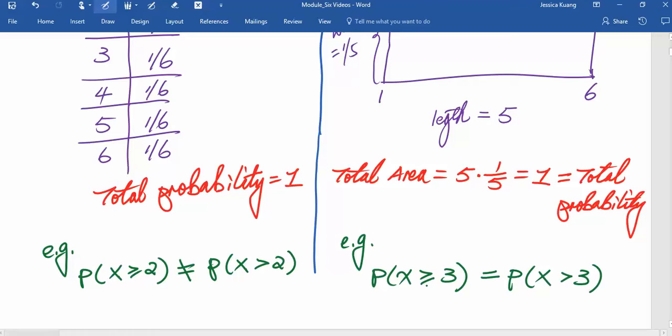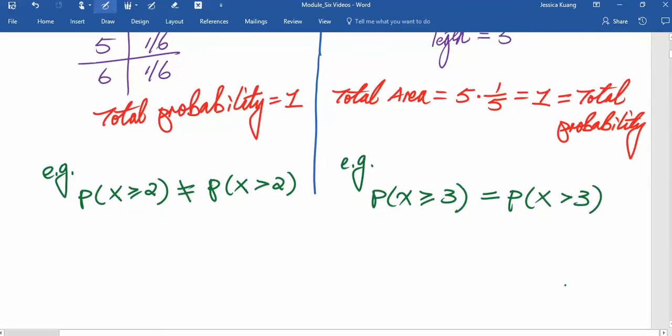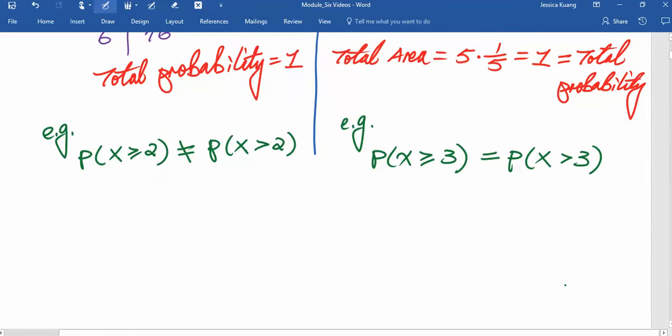And if you imagine that equal sign as the fence, then with or without that equal sign, the probability remains the same for continuous random variable. So that was uniform distribution.